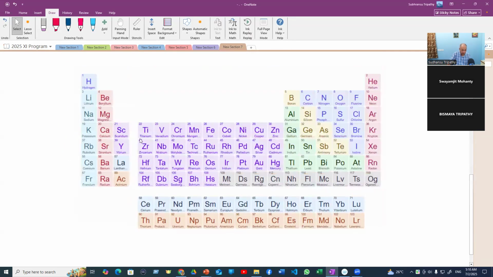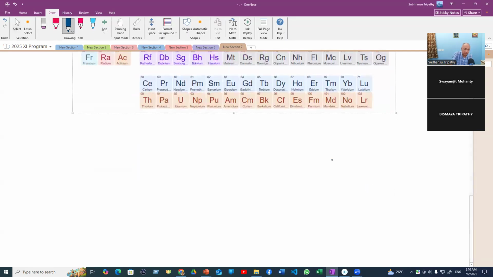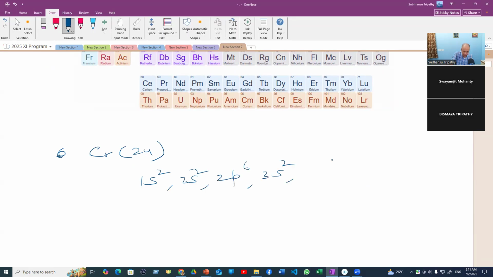So I asked you not to write the configuration of 24 and 30 because they have anomalous configurations. Take chromium. This is 1s2, 2s2, 2p6, 3s2, 3p6. What we will do from now is this becomes the configuration of argon.